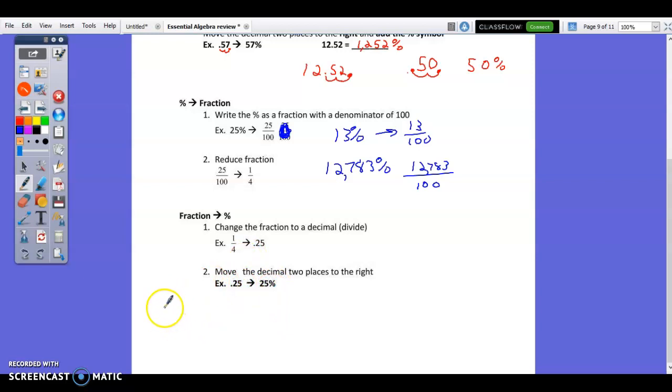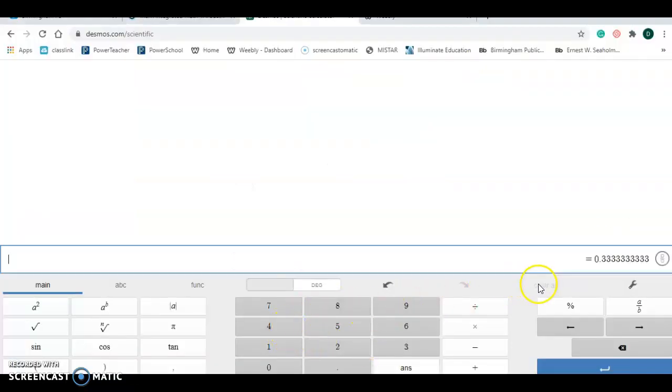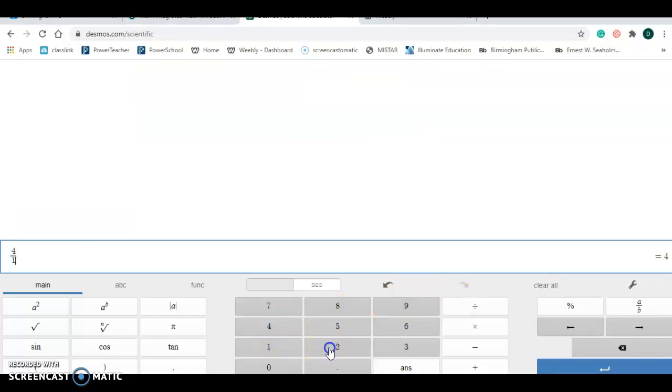Let's do 4 over 12. Okay, so if I gave you 4/12 and I said I want you to write this as a percentage, well, the first thing we are going to do is write it as a decimal. So you're going to take out your trusty calculator and you're going to do 4 divided by 12. That gives us 0.3 repeating.